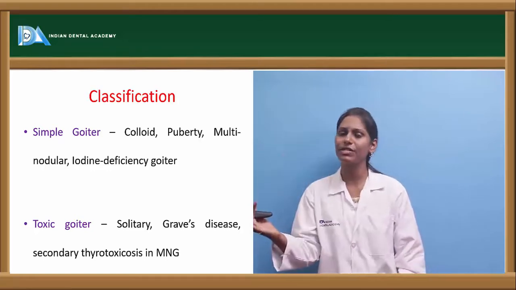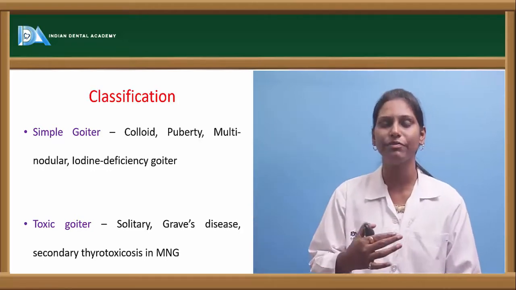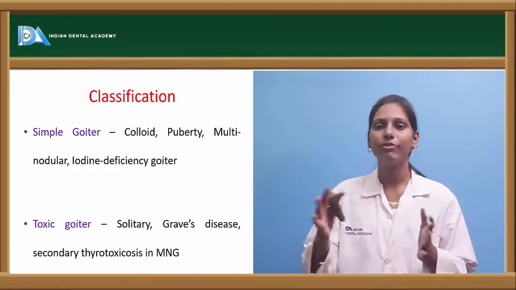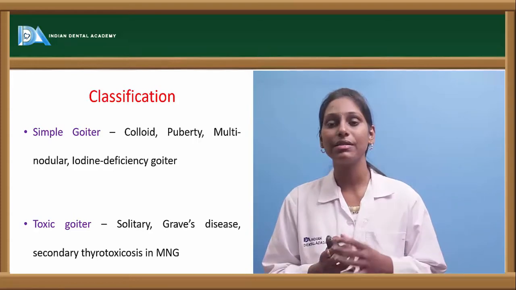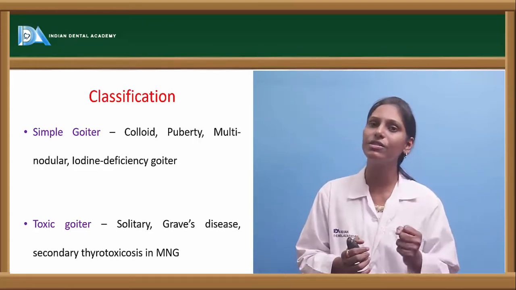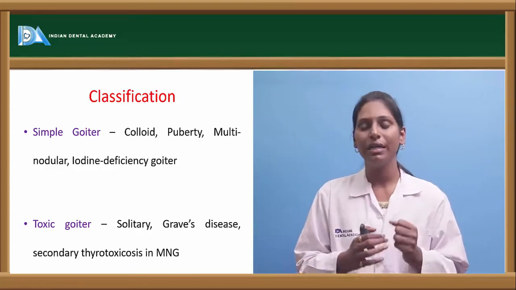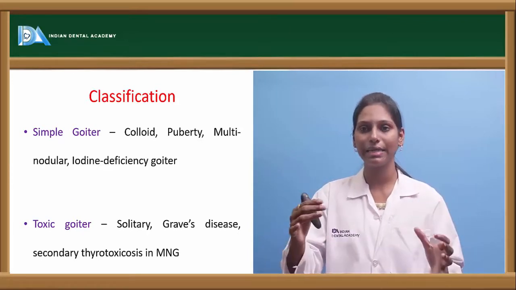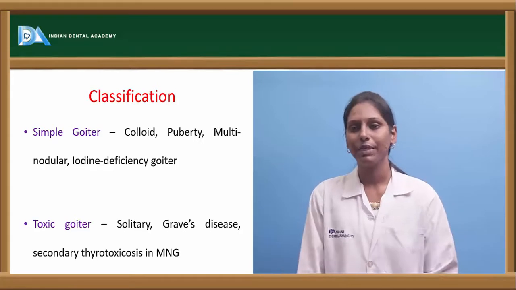This can be endemic in some cases. For example, in areas of Great Britain, some countries in Asia, and African countries, there is deficiency of iodine in the food, thus leading to endemic goiter that is present within a localized area.